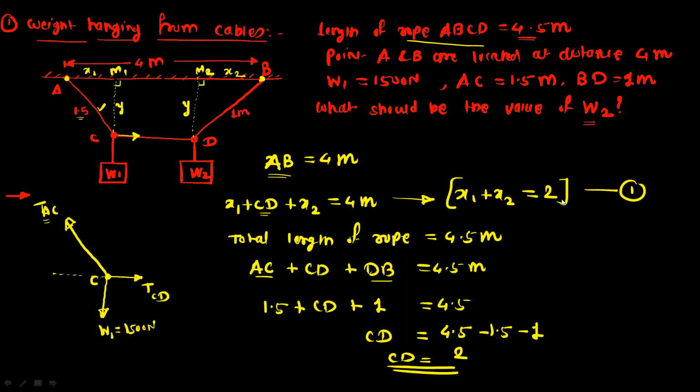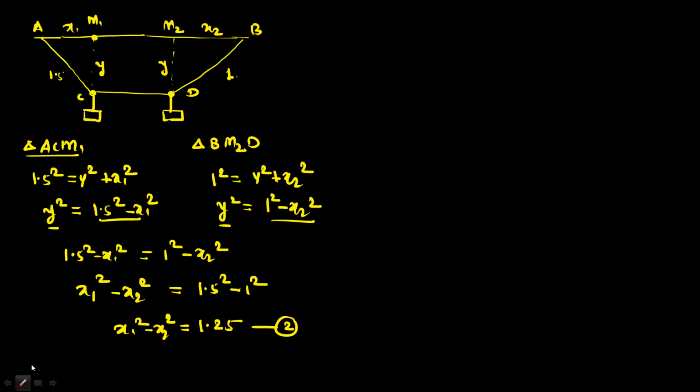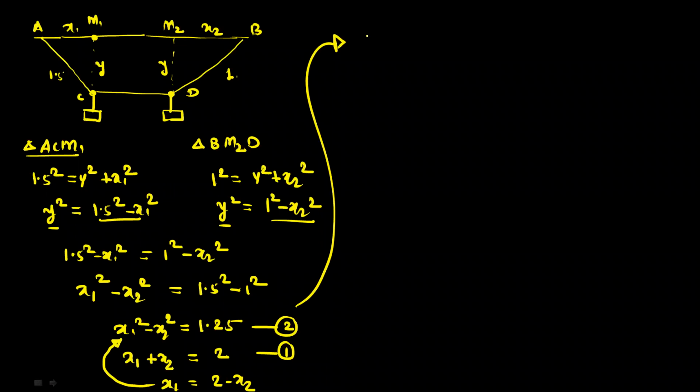If you refer to the first equation, x1 plus x2 is equal to 2. From the first equation, you can put x1 equal to 2 minus x2, and then put this value in the second equation. So you will get (2 minus x2) whole square minus x2 square is equal to 1.25.